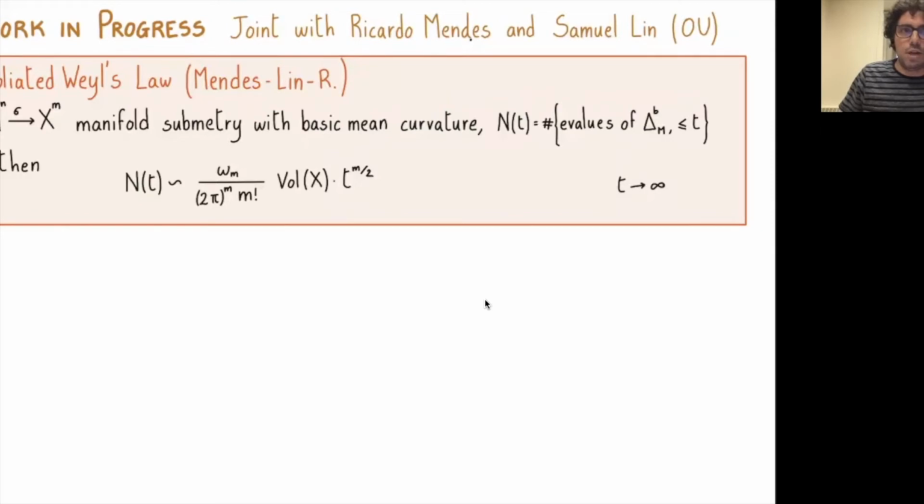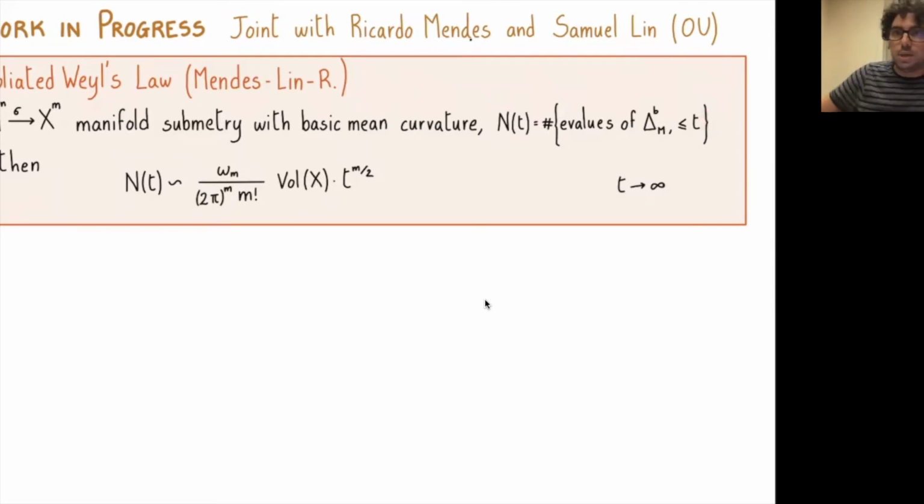That is the foliated Weyl law, or the foliated version of Weyl's law, that says exactly the following. We start with a manifold submetry with basic mean curvature, and we look at the eigenvalues of the basic Laplacian, so of this Laplacian restricted to basic functions. We only look at the number of eigenvalues up to a certain value t, and we look at how this number goes to infinity as we let t go to infinity.